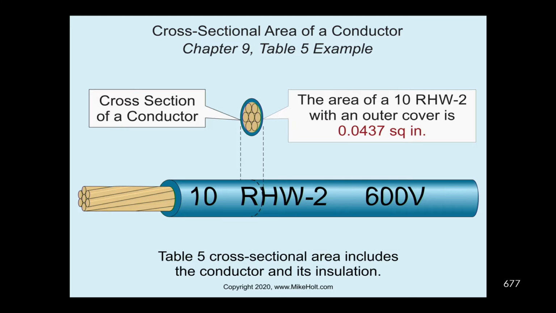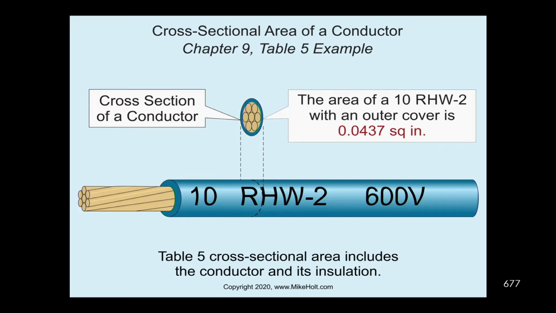So here I've got number 10, RHW-2. I see RHW-2 on page 721 as well, middle of the page there. We're going to go down to number 10, and it says 0.03, I'm sorry, am I looking at the wrong section here? Oh, there's an asterisk on there. We need to pay attention to what that asterisk says.